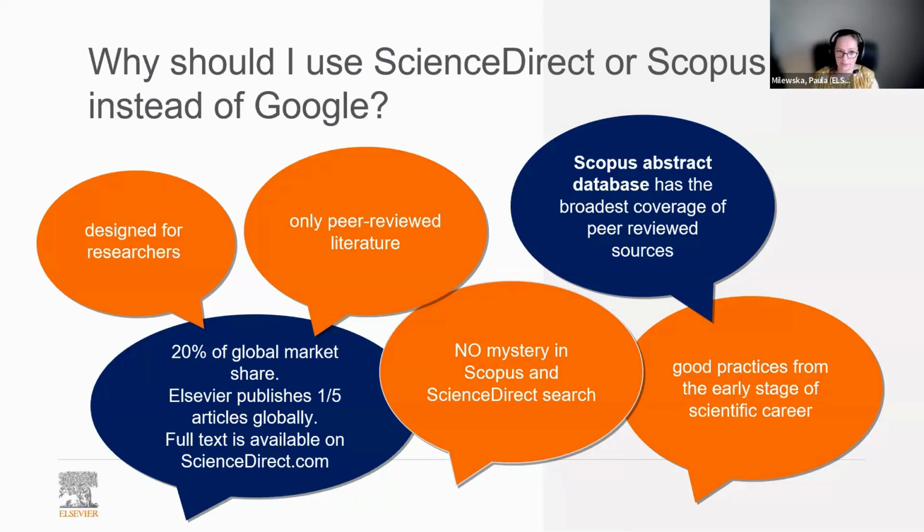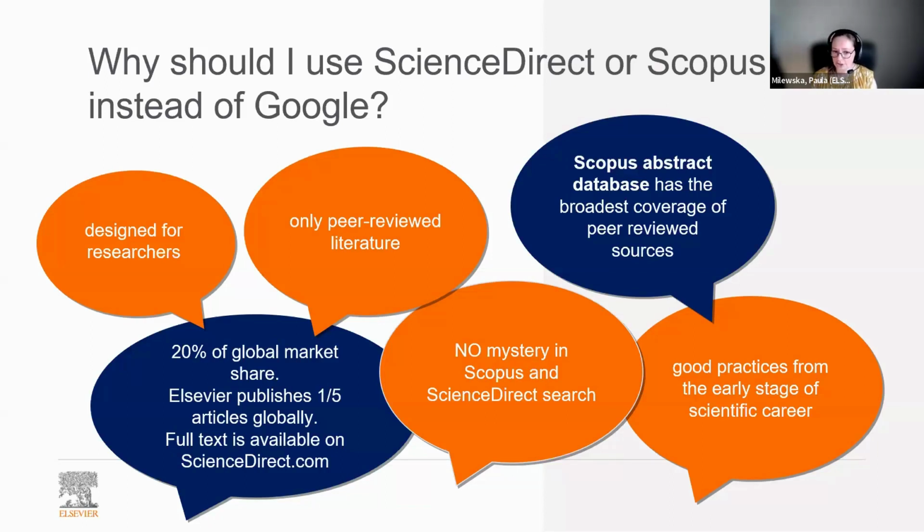First of all, please remember that both solutions, ScienceDirect and Scopus, were designed for researchers, based on researchers' needs. And if you look at the content of it, only peer-reviewed literature is inside. So if you're opening ScienceDirect or Scopus, only peer-reviewed literature will be there.